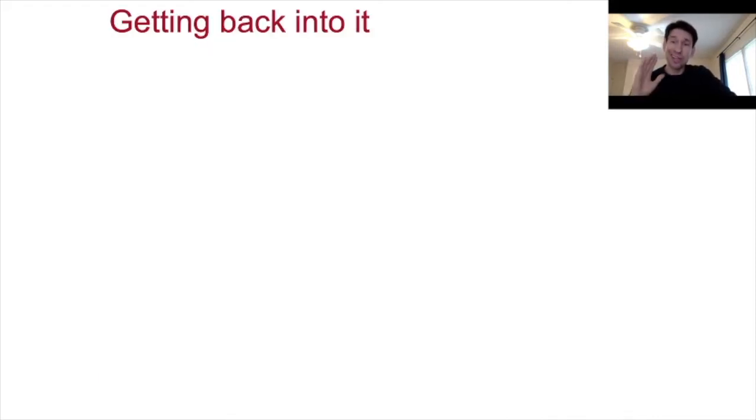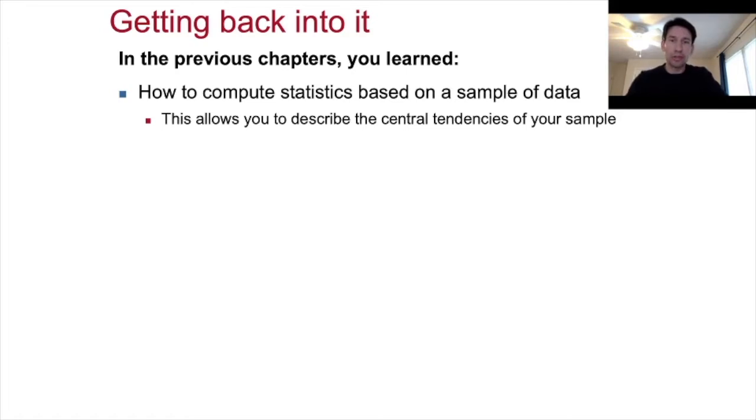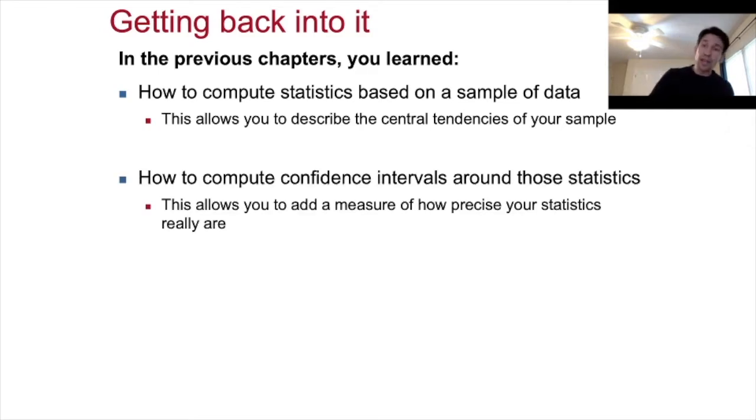Okay, so first of all, let's try to get back into it. What did we do in the previous chapters? Well, first you learned how to compute statistics based on a sample of data, right? So this allowed you to describe the central tendencies in your sample. Then you learned how to compute the confidence intervals around those statistics.